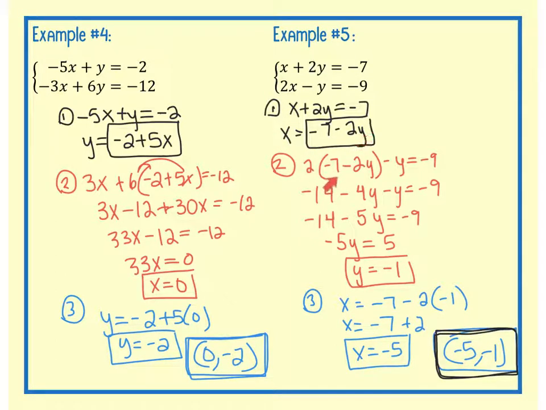Then I substituted that back in, distributed, combined my y's, added 14 to both sides, divided by -5. Then I took my y value and I substituted it back in for my first equation that I solved for x. My final answer is x comma y, so -5 comma -1.